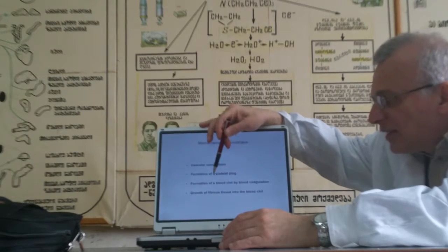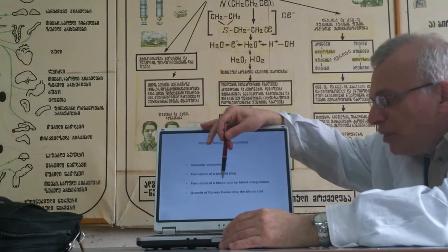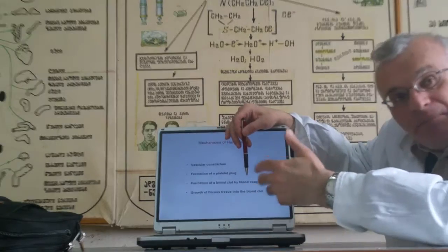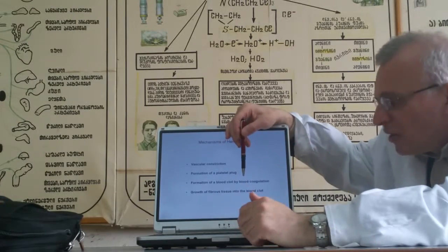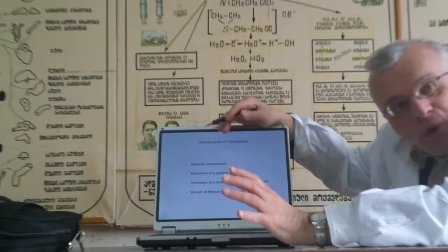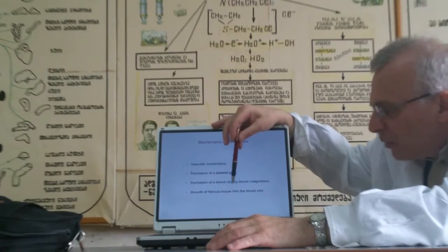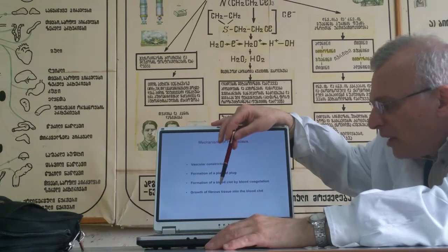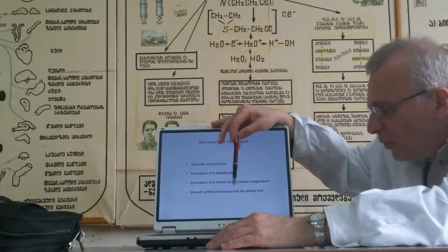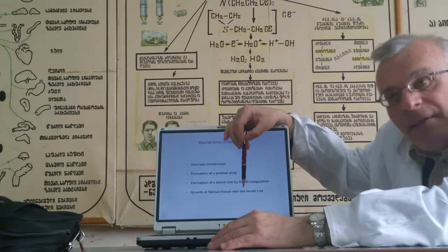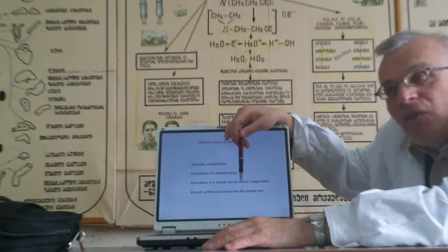And third is formation of a blood clot by the mechanism of blood coagulation. We have more than a dozen special factors in the blood, mostly proteins. And last is fibrous tissue from fibrinogen, and formation of the last stage of the blood clot.